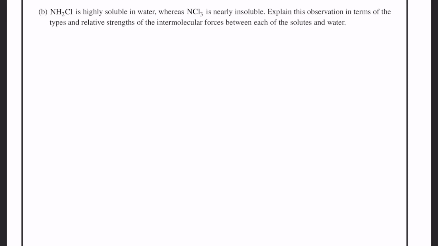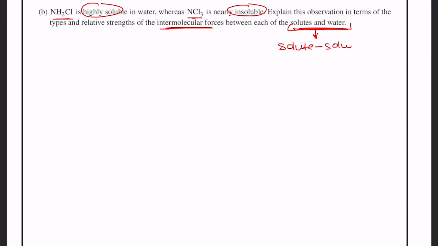So part B talks about the intermolecular forces and says that NH2Cl is highly soluble, whereas NCl3 is nearly insoluble. And it also says to talk about interactions between solutes and water. So what this means is that the phrases that you need to be using in your answer are solute-solute interactions and solute-solvent interactions.